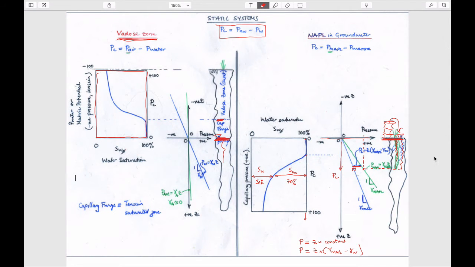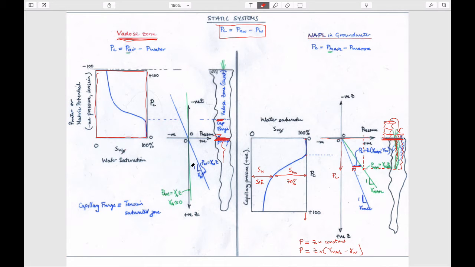The vadose zone seems a bit more complicated in some respects. I think this part, for the swimming pool example, seems intuitive, but this is upside down. So maybe that's strange. The vadose example is intuitive because this is the right way up. We've drawn this in the same way as before, but maybe now the swimming pool analogy seems upside down.